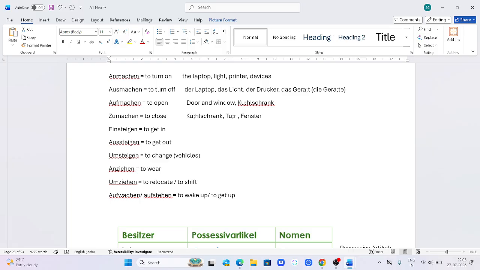And in between, if you're changing the bus or the train, then it is called umsteigen. And all are trennbare Verben. So you have to separate the ein, the aus in aussteigen, the um in umsteigen. Got it? Anziehen is to wear, umziehen is to relocate.